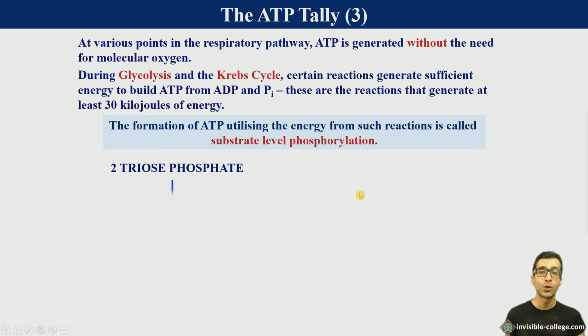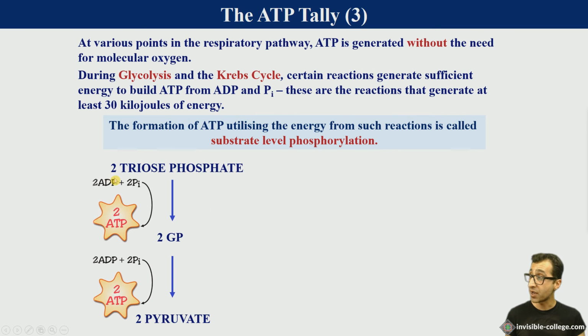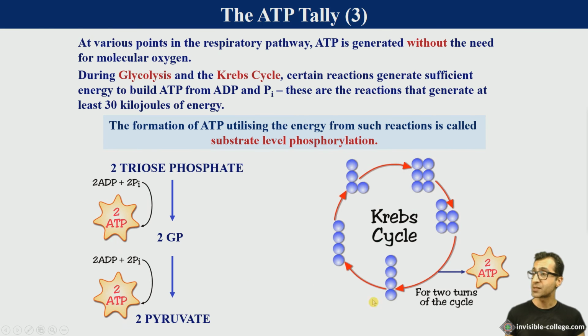So to remind you, we've got 2 triose phosphate forming 2 GP to form 2 pyruvate. This process requires 2 ATP, this process produces 2 ATP plus another 2 ATP. This process produces 2 ATP for every 2 turns of the cycle.